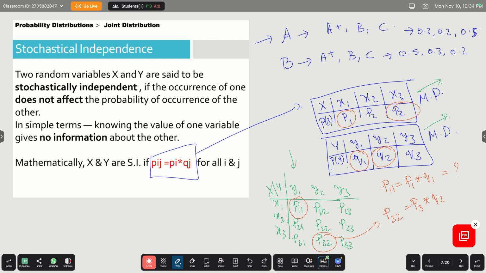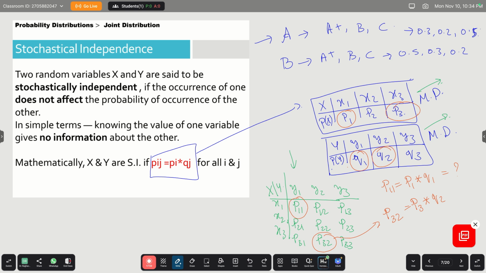Not just for these two values, it should be true for all the values of the contingency table, all the combinations. Pij should be equal to Pi multiplied by Qj. If they are equal for all i and j, then we can conclude that the random variables x and y are stochastically independent.